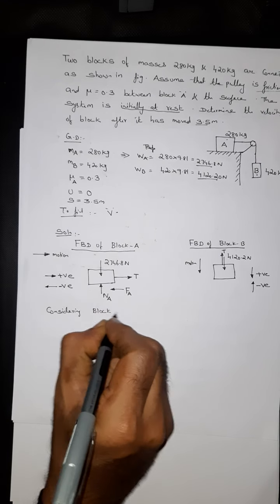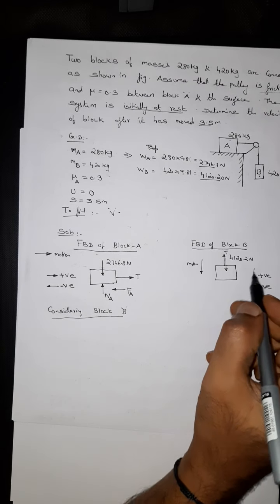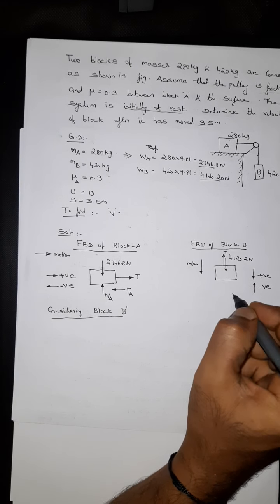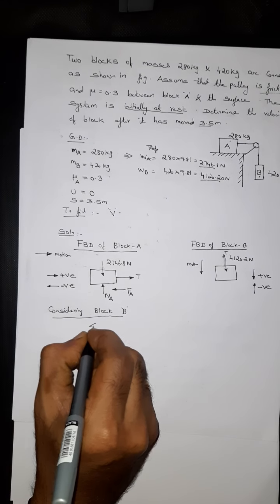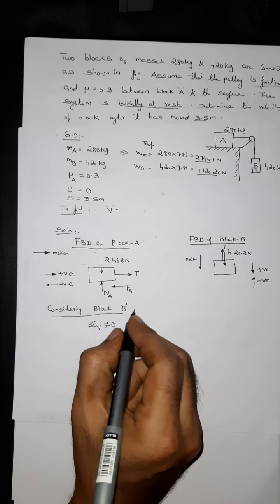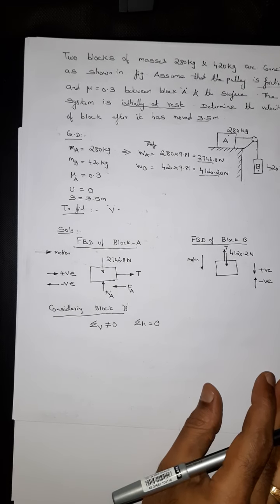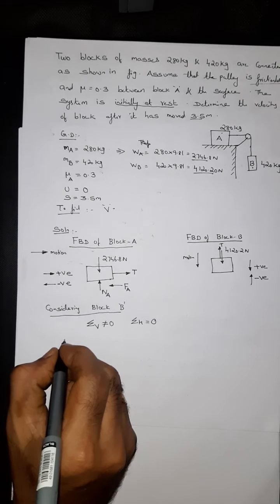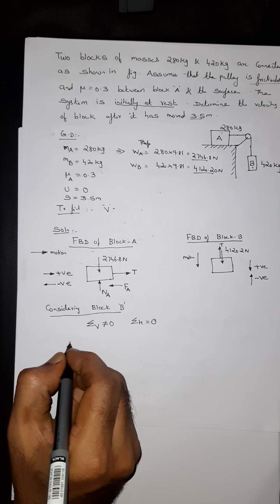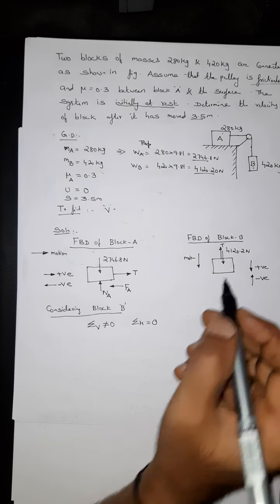So considering block B, here the condition is the block is moving vertically downwards. Therefore summation V is not equal to 0 and summation H equal to 0. So let me solve this one. Summation V not equal to 0, right?